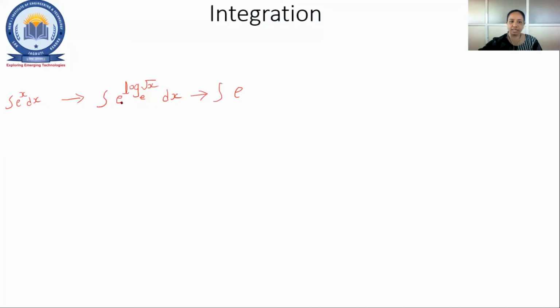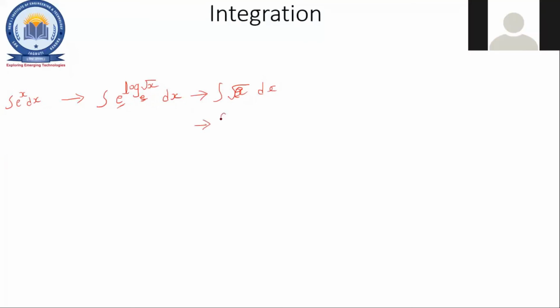Because what this is, e raised to log e. The power, whatever the base, and here both are the same. So directly we can write root x dx. Is it like that only? Yes. And that is nothing but x raised to 1 by 2 dx.